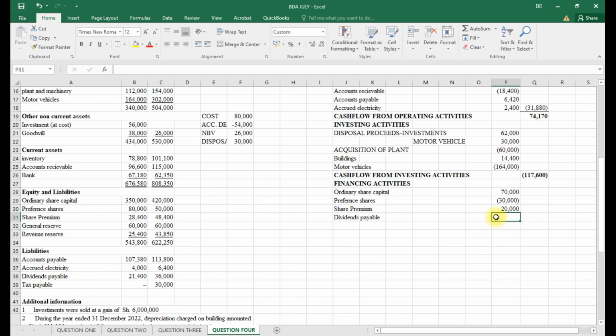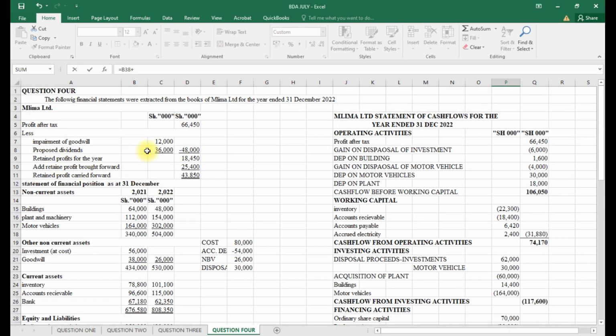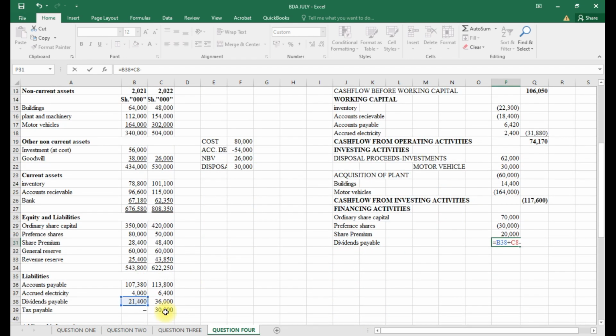Dividend payable. At the beginning we had this, and we add what was proposed during the year, and we minus what was at the end. We'll get that, so it will be the opposite to get a negative.